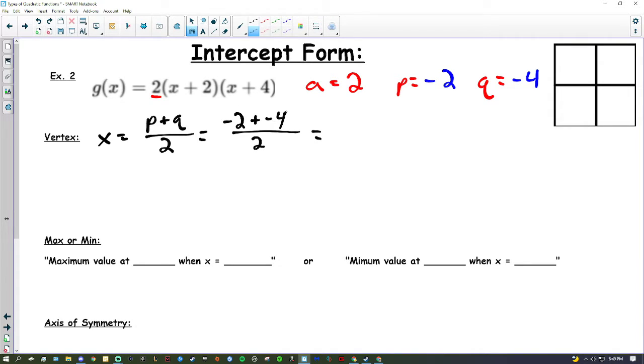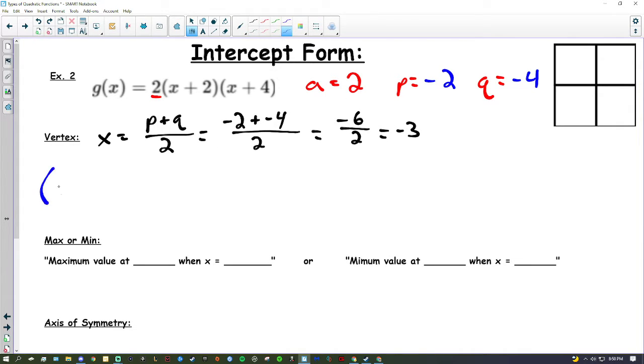Simplify the top. Negative 2 plus negative 4. Put it in your calculators. Nice. It's negative 6 all over 2. When you divide in your calculator, you get negative 3. Negative 3. Good job. This is the x value.